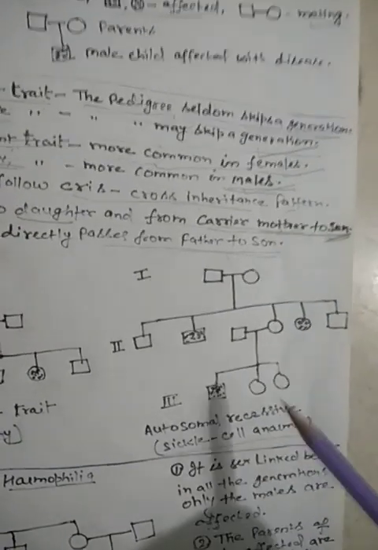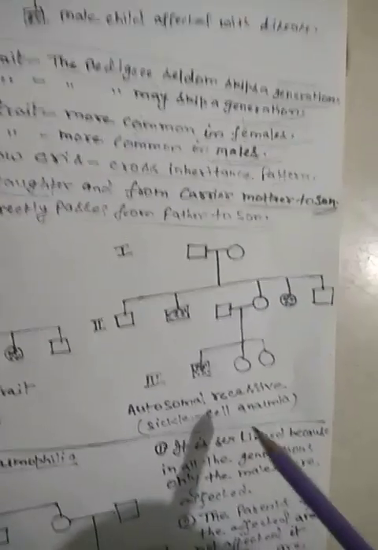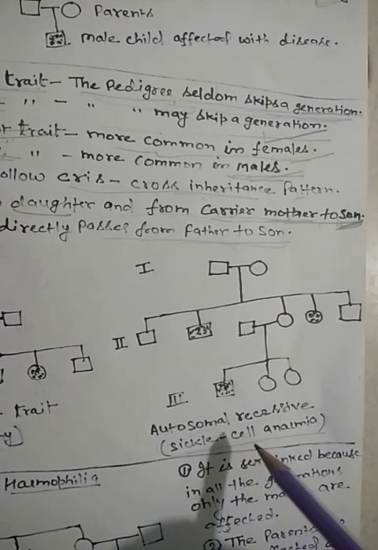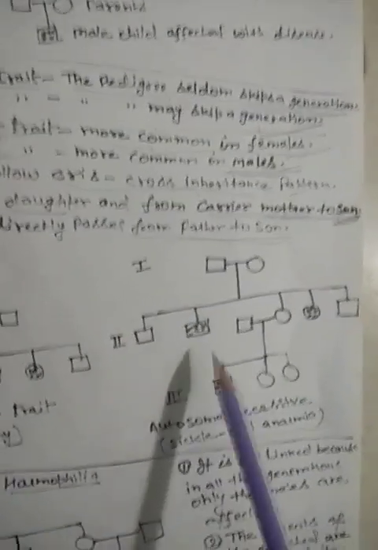Now we have another question: is this disease autosomal or sex-linked, meaning is the gene for this disease present on the autosomes or on the sex chromosomes? First of all, a sex-linked disease follows criss-cross inheritance.